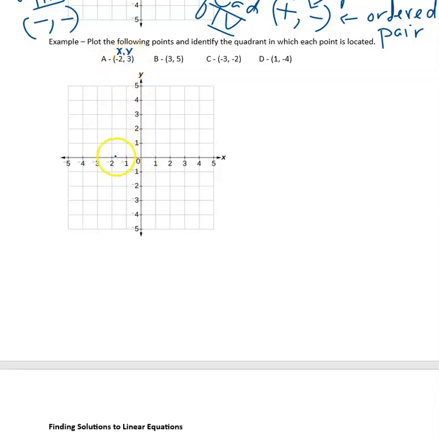My y value is +3, so that's going to go up 3, and only after I have made both moves am I ready to plot the point itself. So I've gone to the left 2 on x, I've gone up 3 on y, and that is point A, which falls where? Into quadrant 2.